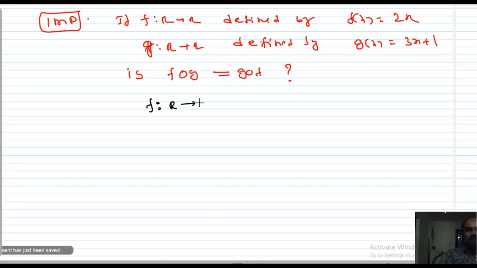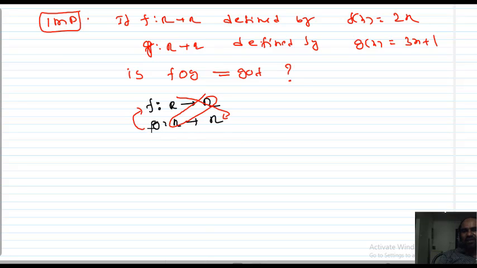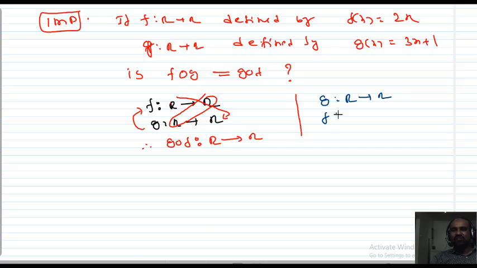F maps R to R, G maps R to R. See, now a new function exists from R to R. What new function? G circle f. Therefore, G circle f is from R to R. So from this R to this R, here all are the same, no? But sometimes they are A, B, C like that. Now I will write here. First I will write g for the next function. G is from R to R. F is from R to R.